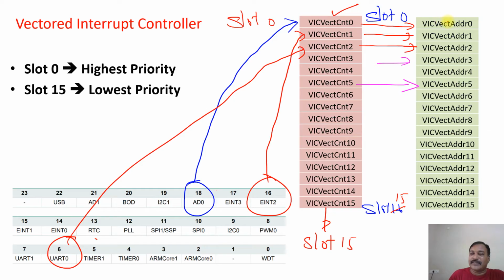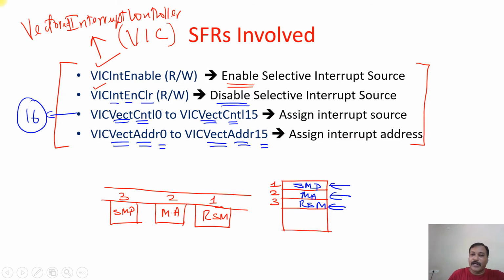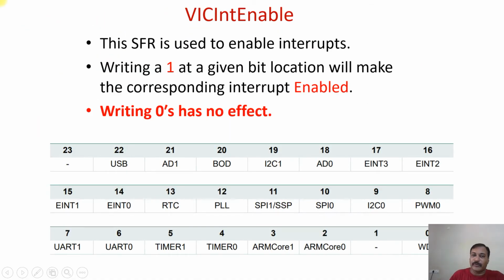That interrupt service routine address has to be assigned in the vector address. So these are the two important registers that you have to play with. So that you keep in mind. So there are totally 4 registers that you have to play with. Very simple, in fact. One is the enable SFR, the other one is enable clear, the other one is vector control SFR, the fourth one is vector address SFR. All the 4 of them you have to learn. Let us see them one by one.